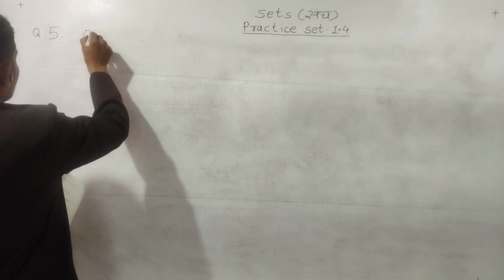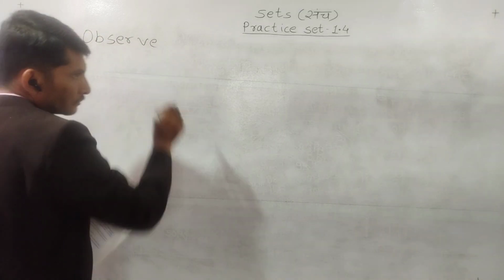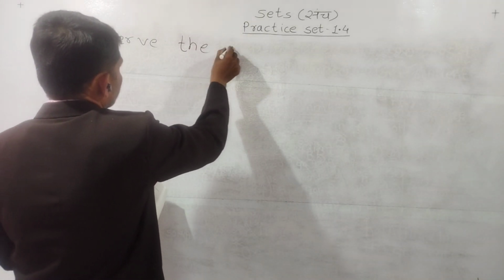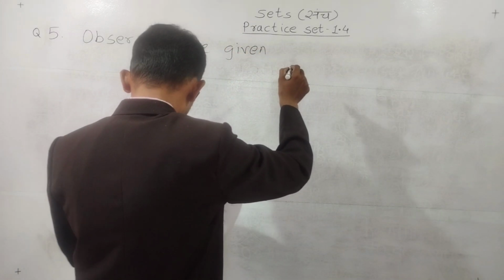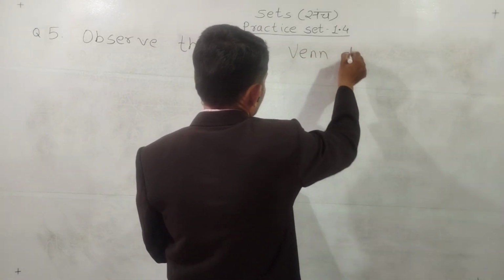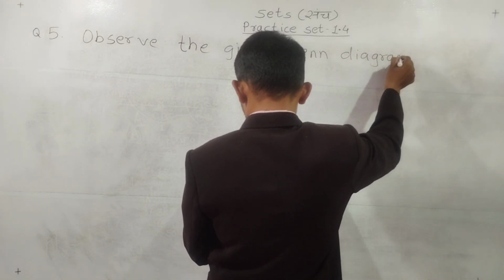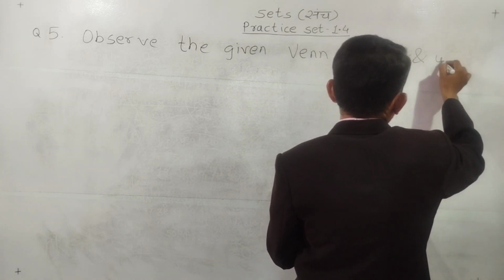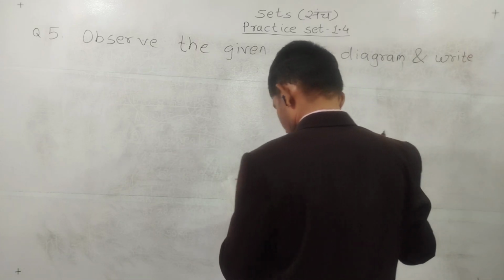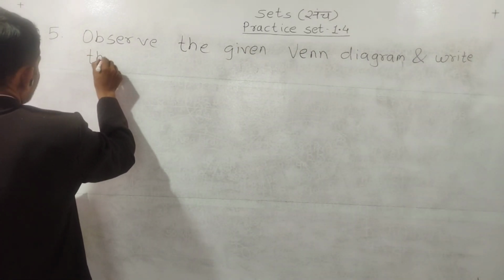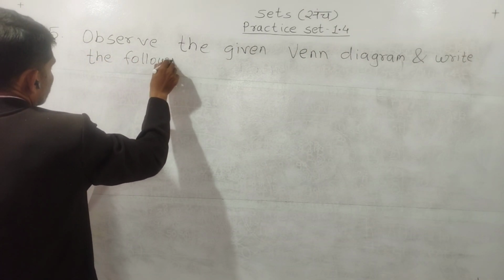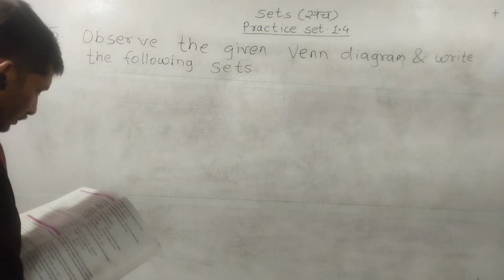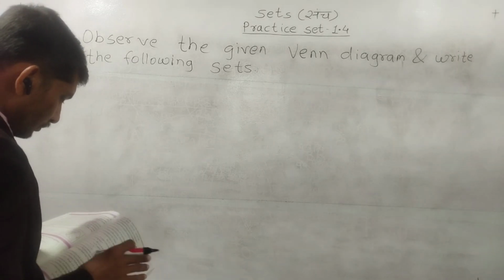Observe the given Venn diagram and write the following sets. Okay. So here one diagram is given.